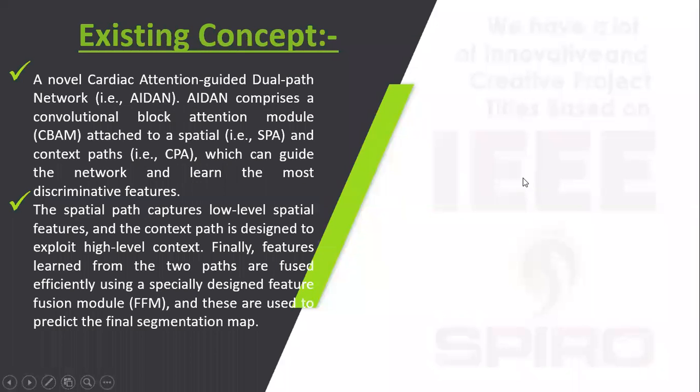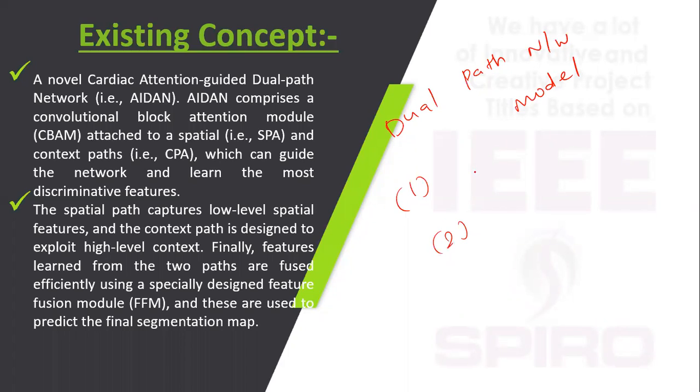In existing work, they used a dual path network model. In the dual path network model, they used two networks: one is a spatial network and another one is a context network.